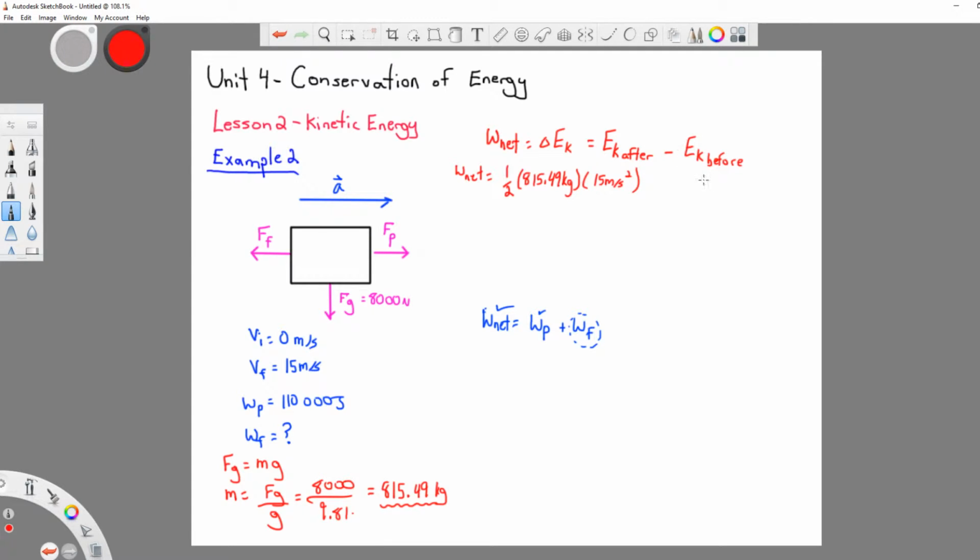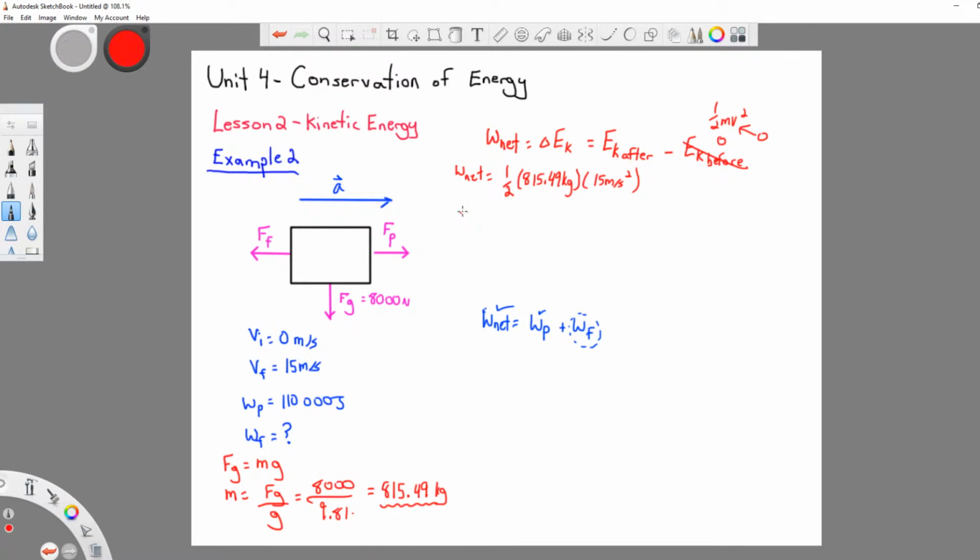Okay, we can subtract EK before, but if we take our 1/2 mv squared formula for this second case, the initial velocity Vi is 0, so this whole term will just equal 0. So I'm just going to get rid of this. If we did have an initial velocity, absolutely, we would be subtracting these two values, but we're just subtracting 0.